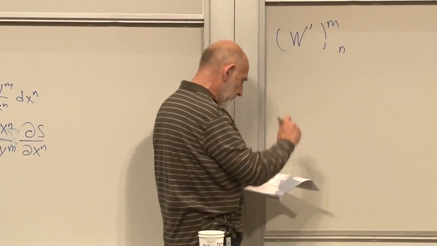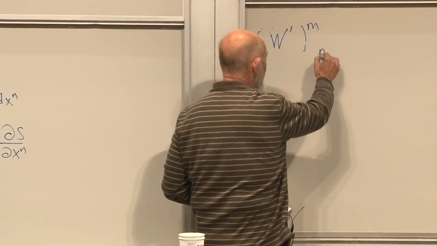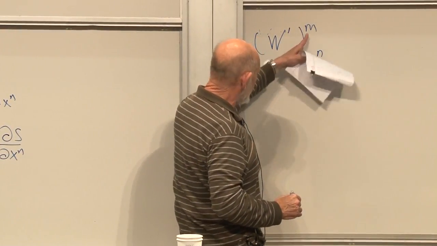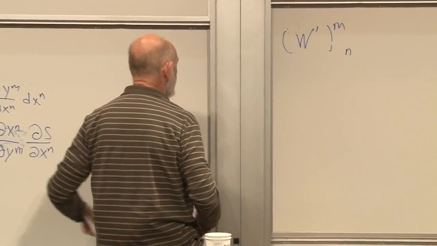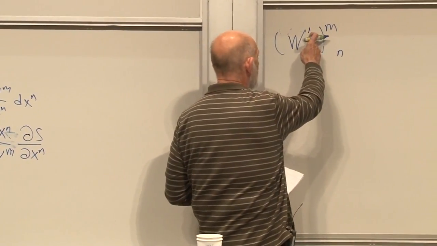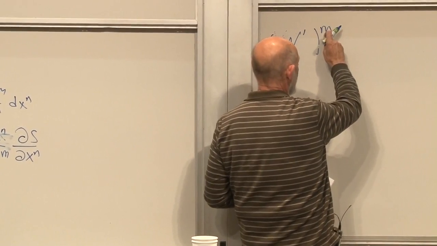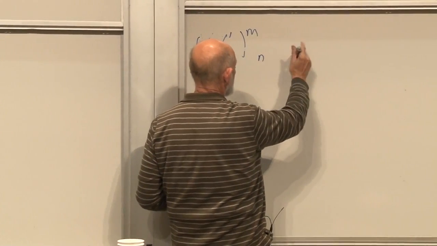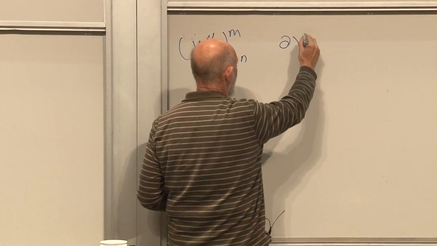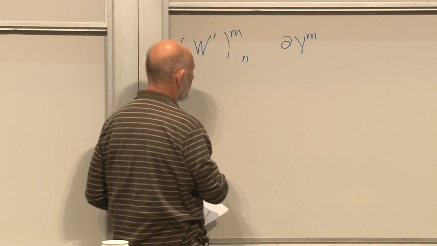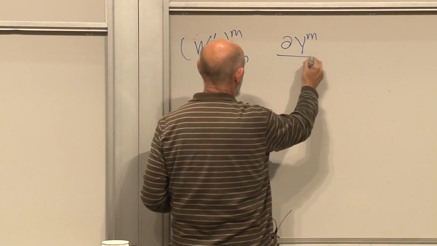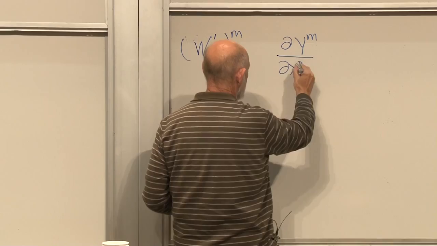And the prime components, again, for each index, there's the same kind of pattern. This is a primed component. This is the index m, so there must be a dy^m upstairs. All right, there's going to be a dx^p downstairs.